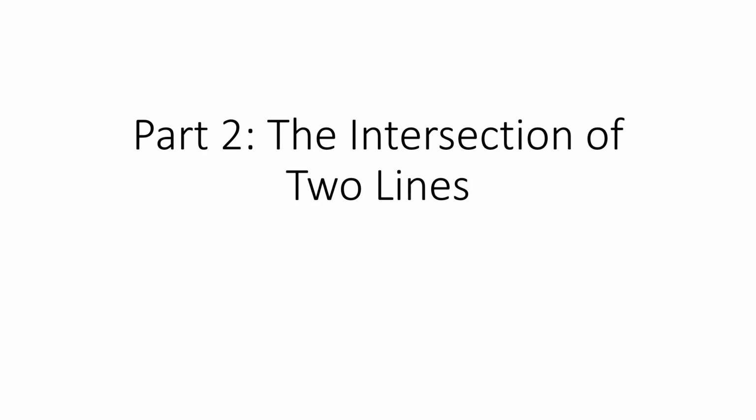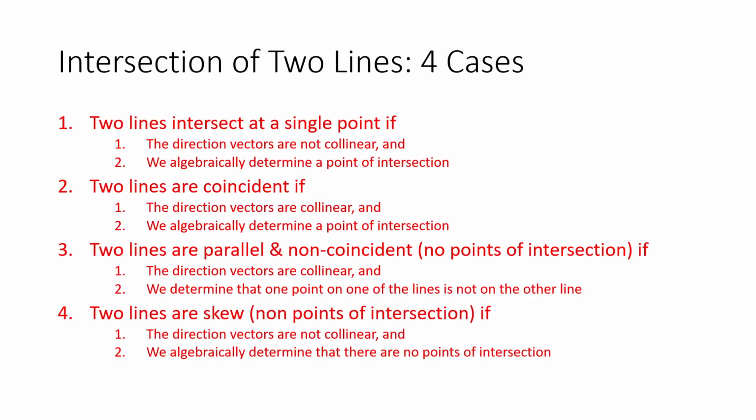Now, what if we're talking about the intersection of two lines? There are 4 cases here. Just like in grade 9, you learn that two lines can intersect at a single point if the lines are not parallel and there's one point of intersection.